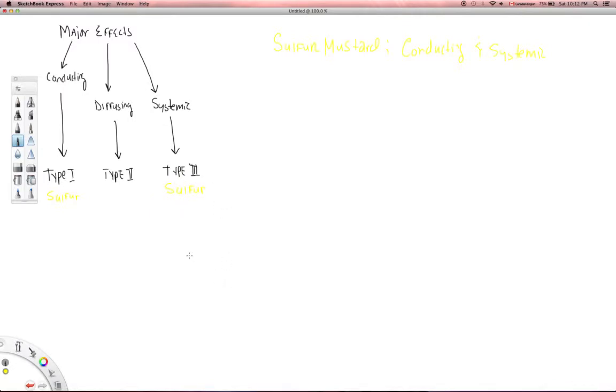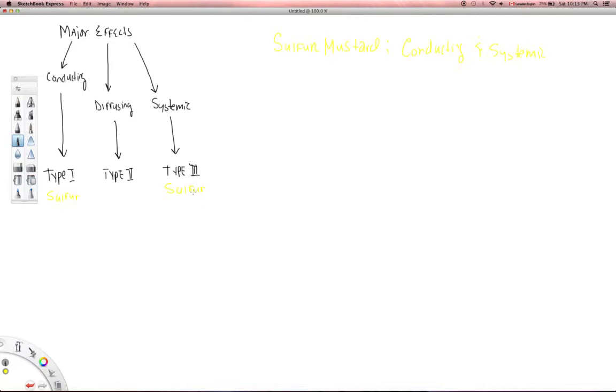Sulfur mustard is kind of an interesting one. In fact, it has a weird nature about it where it's not particularly water soluble, it's more lipophilic, but the part that does interact with water is turned into a highly reactive ion, and that's where you can get type 1 effects.